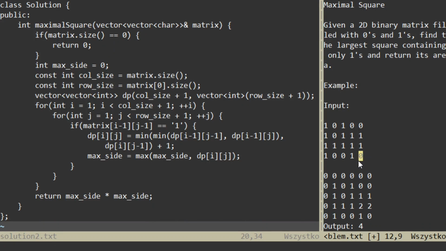For example, if this will be a 1 here, so here the minimum is 1, and here will be 2, yes.